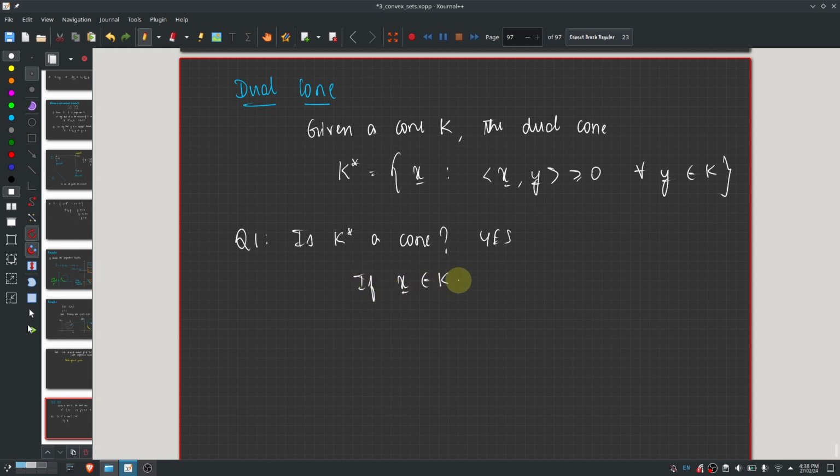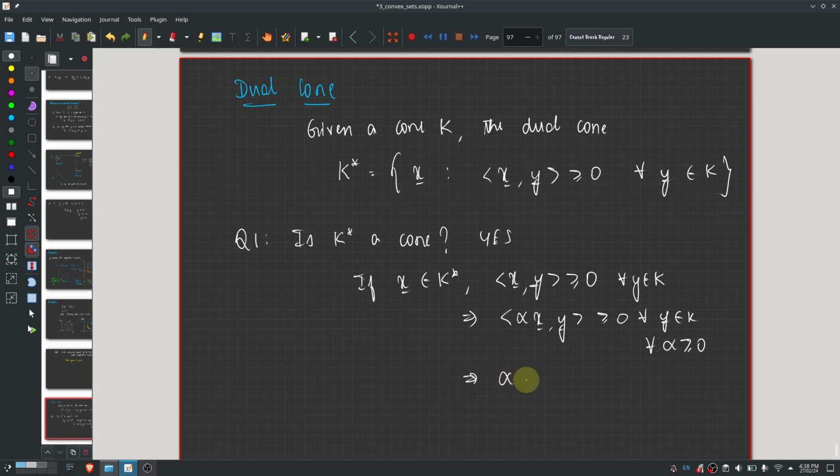If x is in K star, then the dot product of x with every vector in K is greater than or equal to 0. But that also implies that the dot product of alpha times x with y is greater than or equal to 0 for all y in K and for all alpha greater than or equal to 0. Right, so alpha x belongs to K star for all alpha greater than or equal to 0. So K star is in fact a cone.